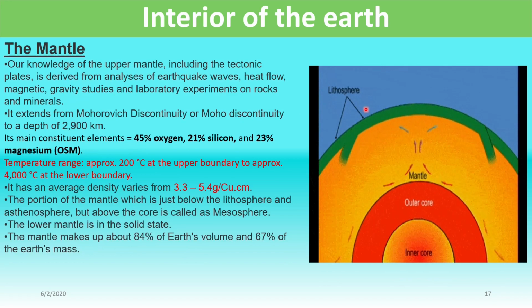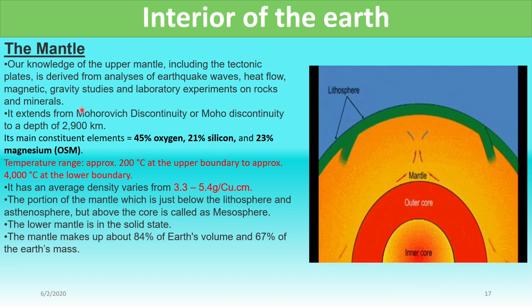The mantle. Our knowledge of the upper mantle, including the tectonic plates, is derived from analysis of earthquake waves, heat flow, magnetic and gravity studies, and laboratory experiments on rocks and minerals.